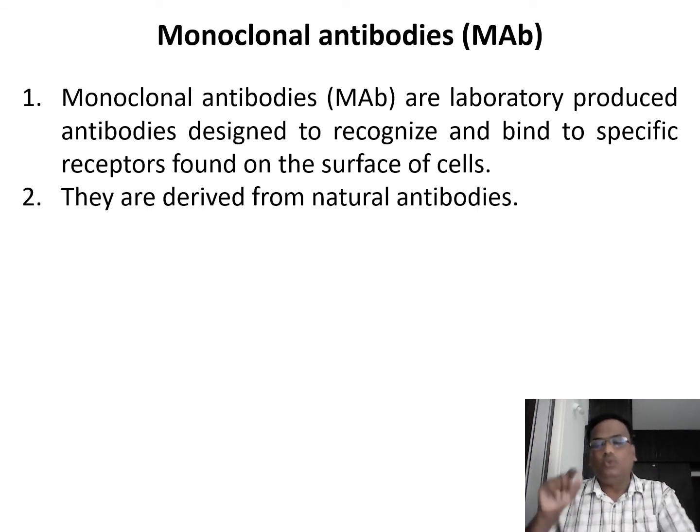Those antibodies which are specific for that particular virus can be considered as monoclonal antibodies, because they are all same and they are going to attack only that particular or specific antigen or the pathogen. Now, monoclonal antibodies are very helpful in fighting the infection or fighting the disease. So they are naturally made in our bodies.